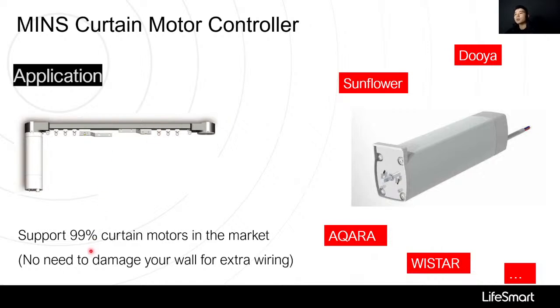It supports almost all curtain motors in the market. The brands such as Dooya, Sunflower, AQARA, Acura, Wister, and so on and so forth. And no need to damage your wall for extra wiring.